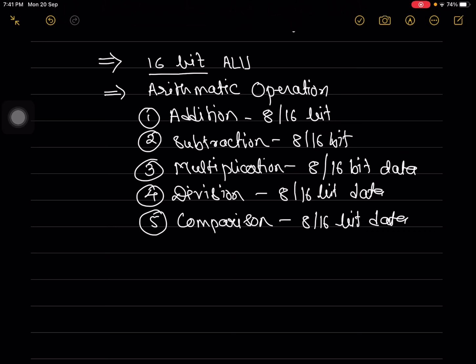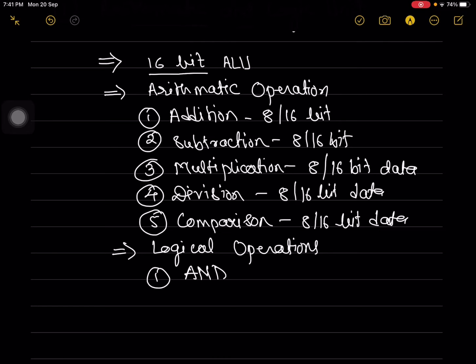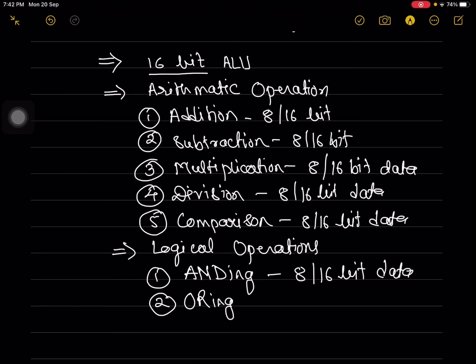which is a 16-bit ALU, and it can perform addition, subtraction, multiplication, division of 8 or 16-bit data. After that, it can perform certain logical operations also. The first operation is ANDing, bit by bit ANDing of again 8 or 16-bit data. Then it can perform ORing, bit by bit ORing of again 8 or 16-bit data. It can perform XORing of the data.